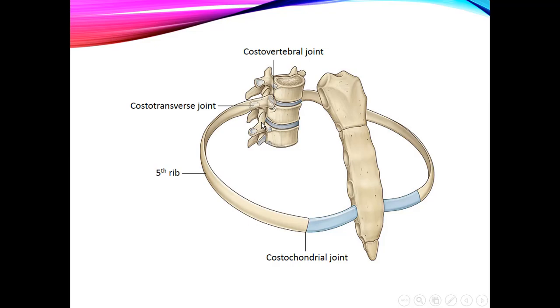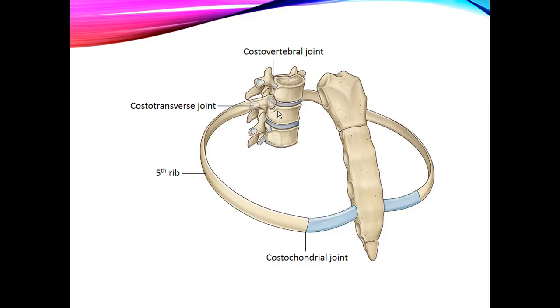What's the corresponding vertebra? For example, here we've got the 5th rib, or R5. Corresponding vertebra for R5 is T5. For example, corresponding vertebra for R7 is T7. Corresponding vertebra for R4 is T4.